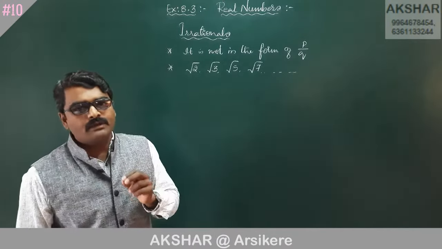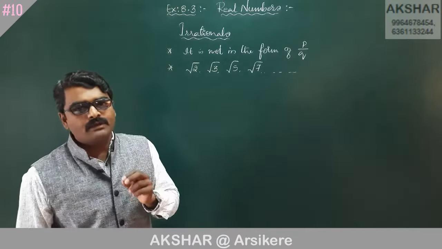P by Q means here P and Q are co-primes. Listen, my dear children, P and Q should be co-primes. Co-primes means the HCF of P and Q is 1. In the previous class we discussed this. Remember that, my dear children.